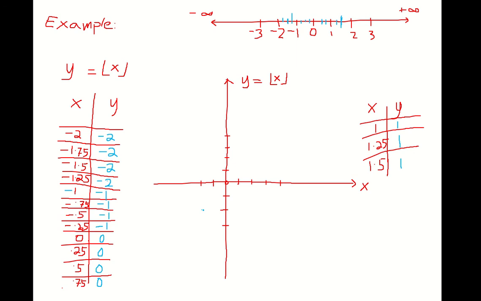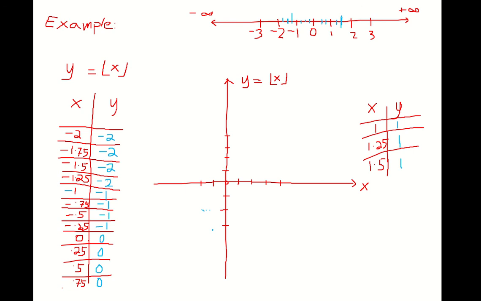And for negative 1.5, it's negative 2 also, so it's here. And we have negative 1.25, so 1.25 is here, so that is also here. Okay, this is just a straight line, right?